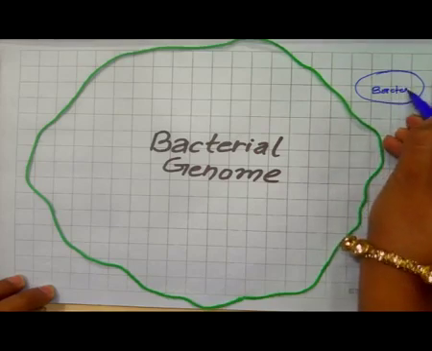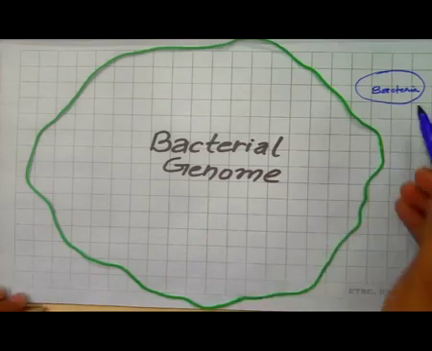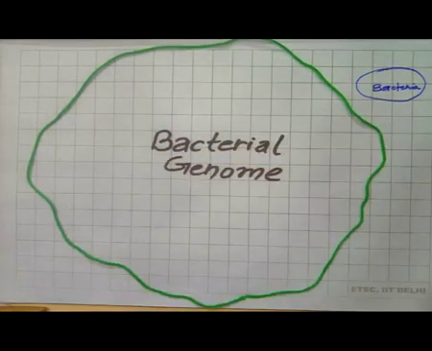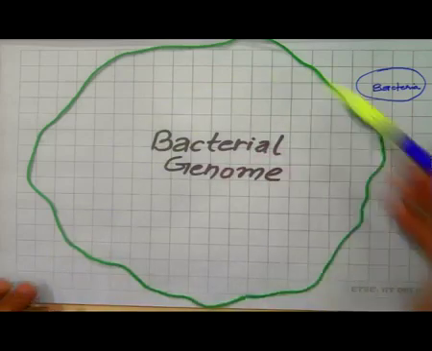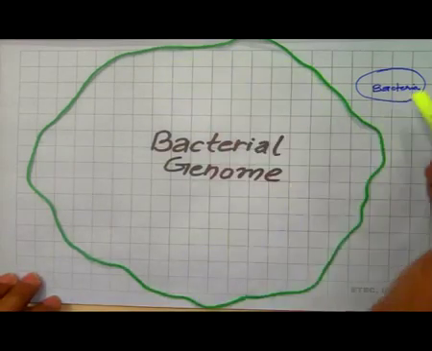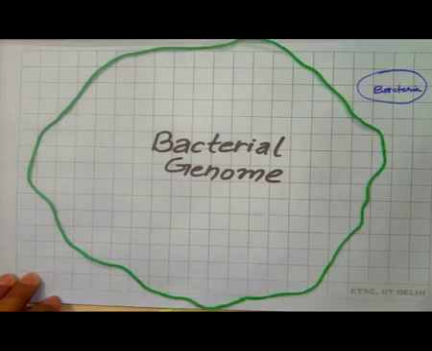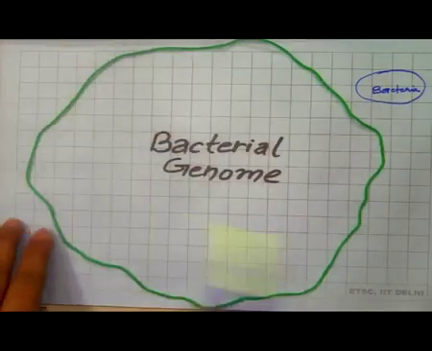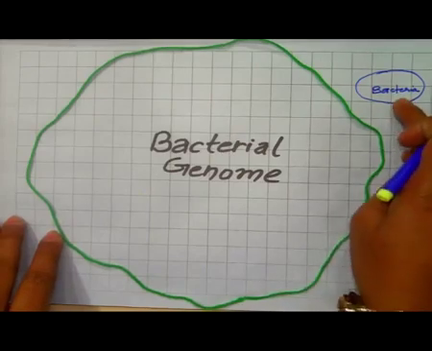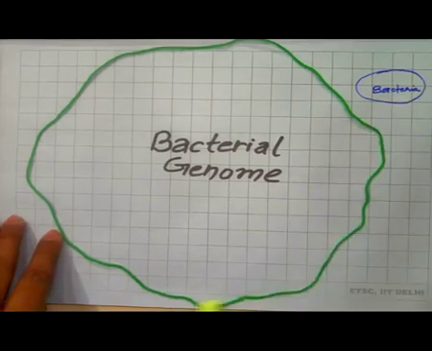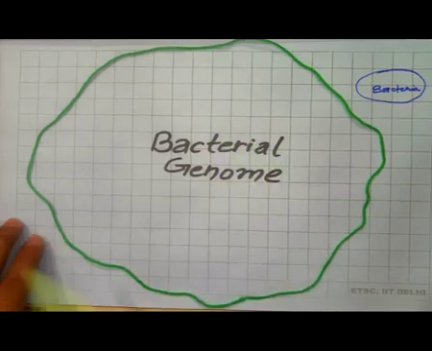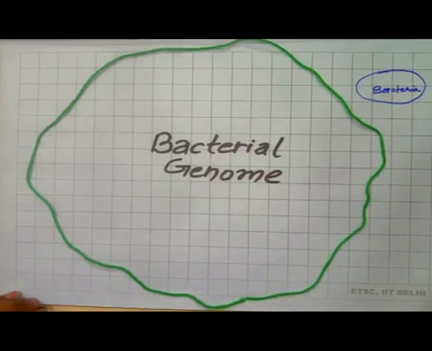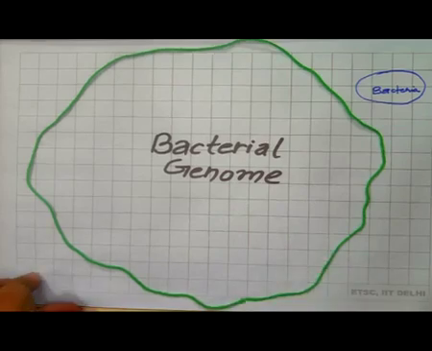If we compare the size of the bacterial cell and the bacterial genome, you can see the bacterial genome is much larger than the bacterium. So how will this large bacterial genome be incorporated in a small bacterial cell? The bacterial cell, with the help of proteins, will make the folds.